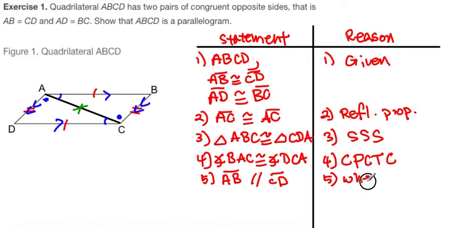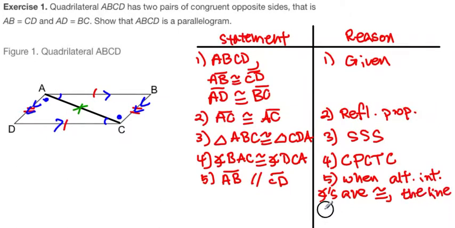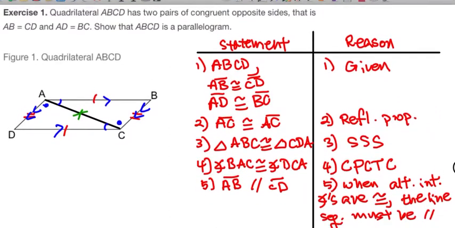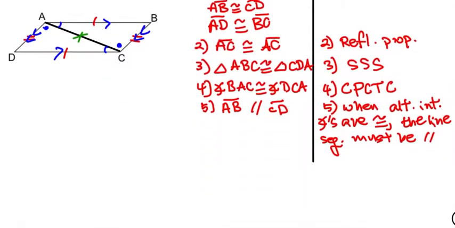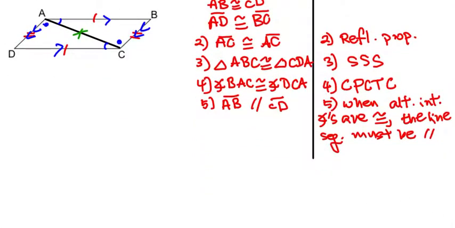When alternate interior angles are congruent, the line segments must be parallel. All right, now let us continue.